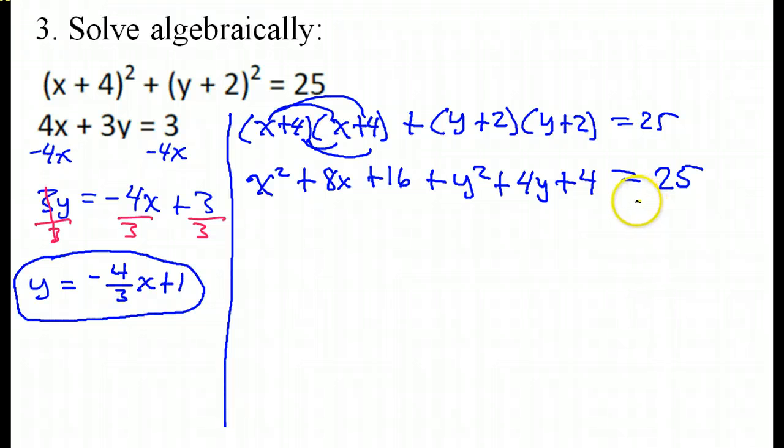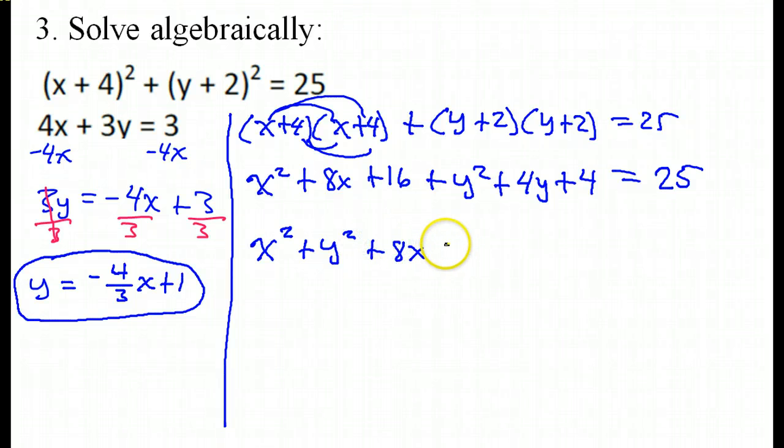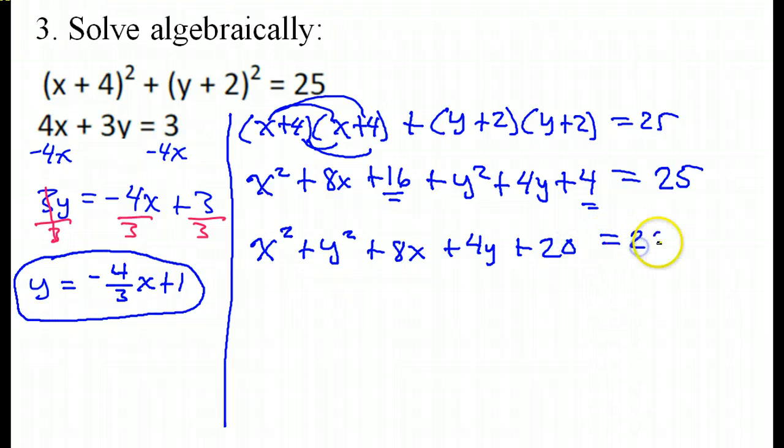Okay, now what? I'm just going to rewrite it in general form. So this is going to be x squared plus y squared plus 8x plus 4y. What I haven't done yet is the 16 and the 4, so that's plus 20 is equal to 25.